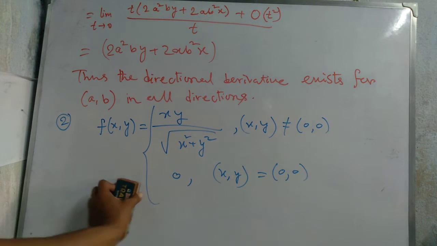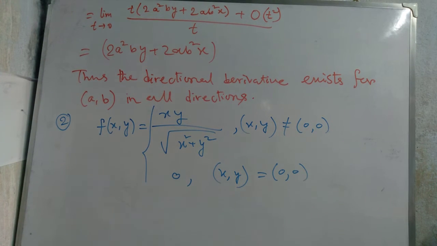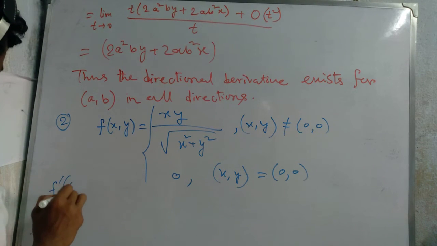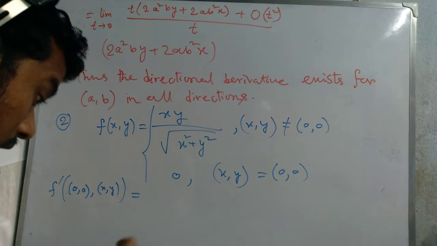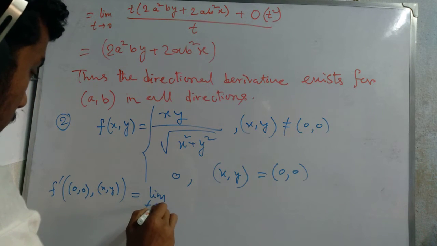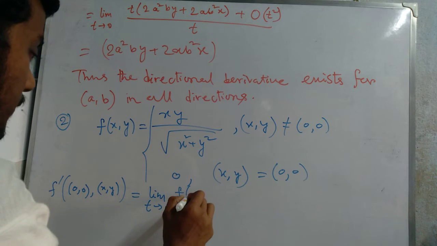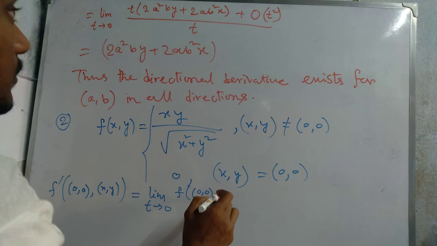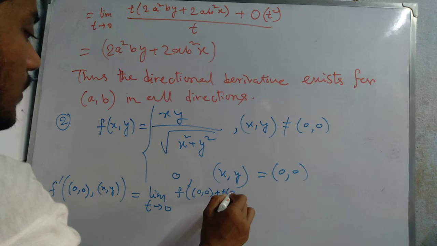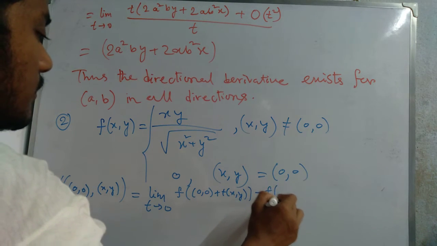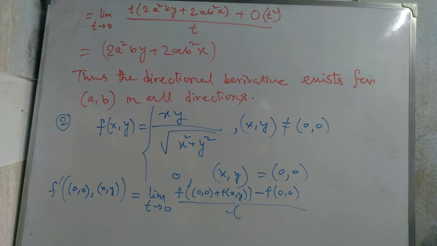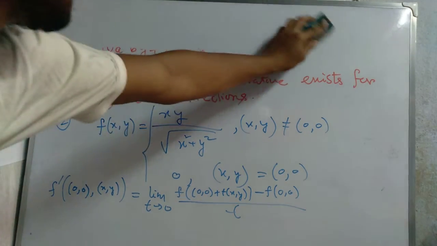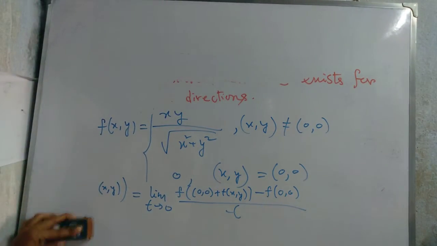That means we check f dash (0, 0)(x, y) equals limit t tending to 0 of (f of (0, 0) plus t(x, y) minus f of (0, 0)) divided by t.